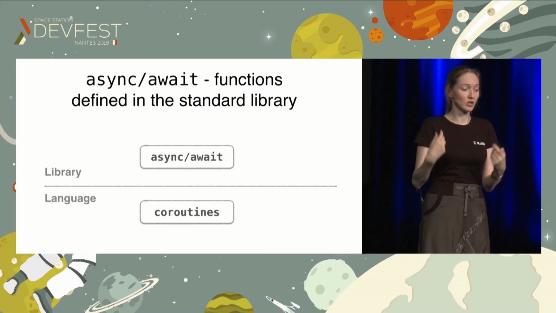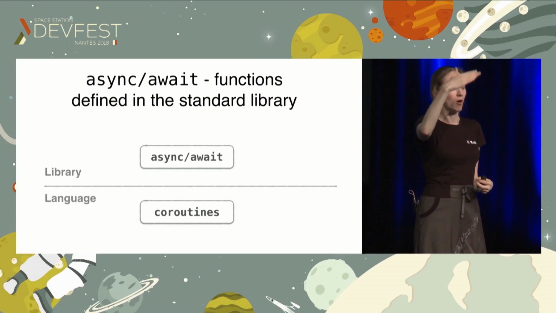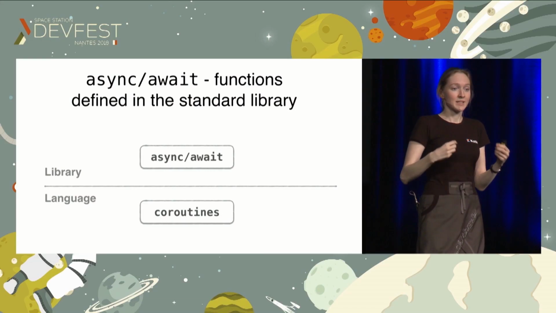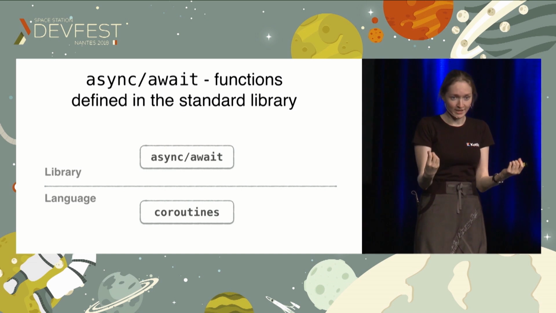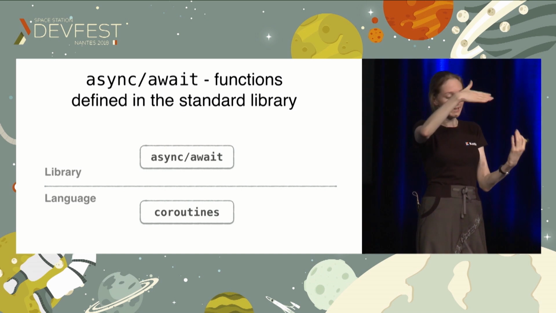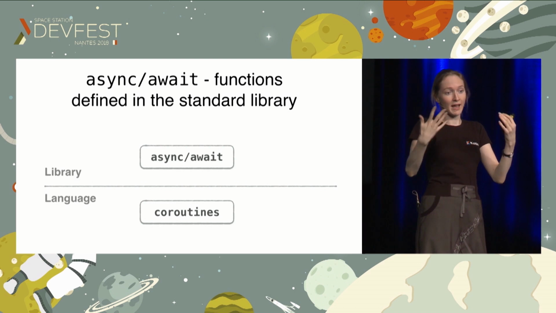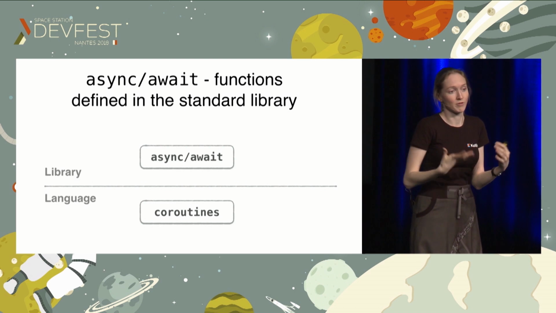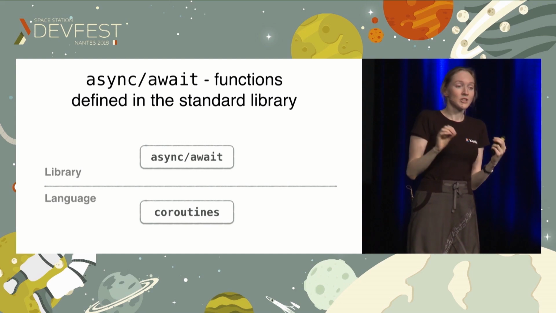And in Kotlin, it works on top of the concept of coroutines. So somehow the concept of coroutines allows us to have async await in the library and to enjoy the power of async await. Coroutines allow much more than just async await, and we'll discuss it a little bit later. But for a start, I want to focus our attention on this async await.